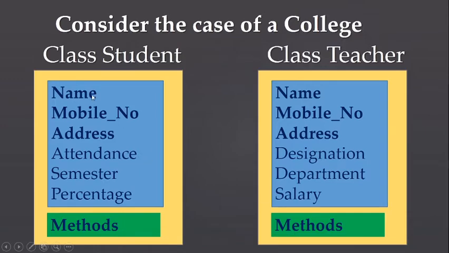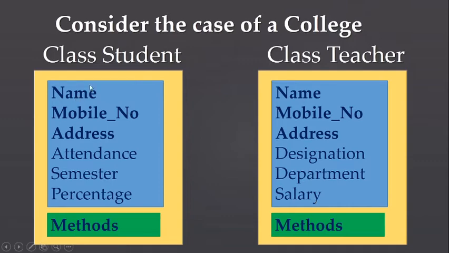For the class Student, we have name, mobile number and address, then attendance, semester and percentage as the variables. And for the class Teacher, name, mobile number, address, designation, department and salary as the variables.